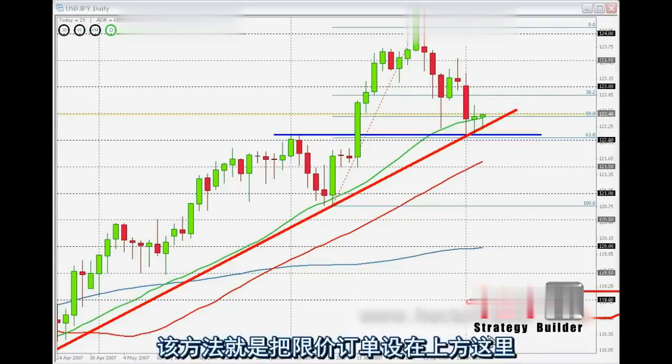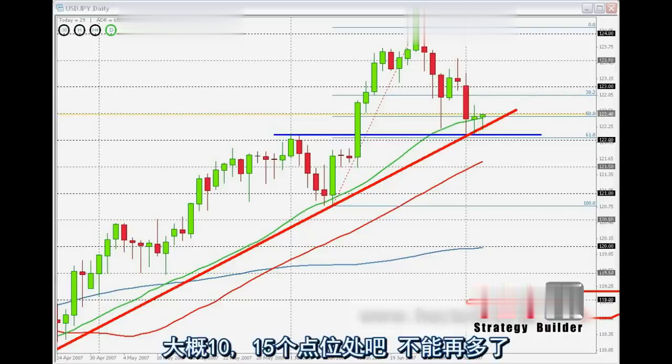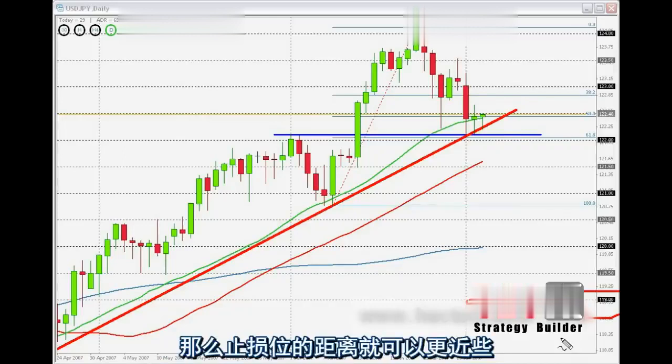So the idea is to place a buy limit order right here and a stop loss immediately below this level, perhaps 10-15 pips below that level, no more. It depends on what time frame you're trading, of course. If you're trading off the 30 minute chart, you can definitely tighten that stop loss much more than if you are trading off the daily chart, as in this case.